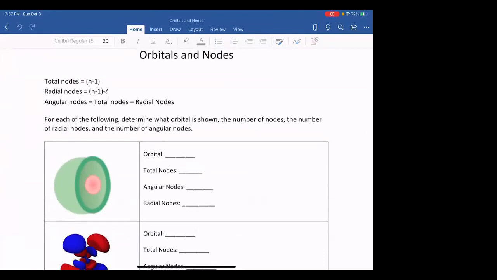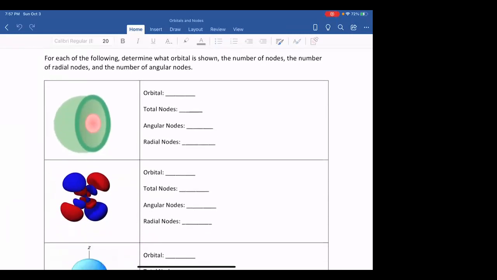That means that it has to be an S. And S's always start in 1. So that inner circle has to be the 1S, and then we count out. So 1S, and the next circle would be 2S. So this is a 2S.